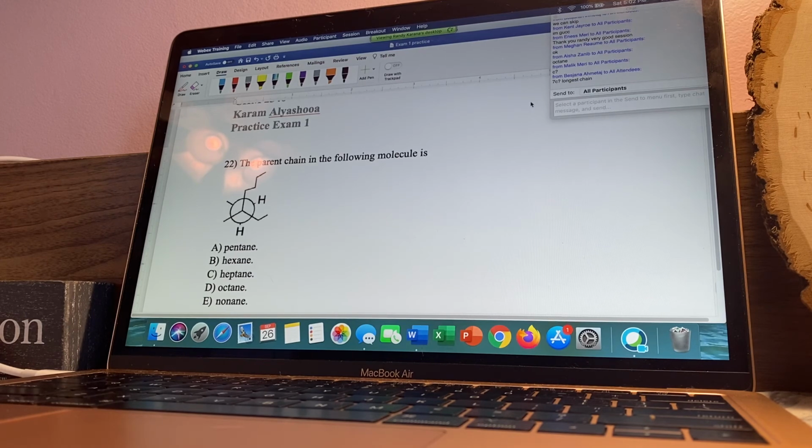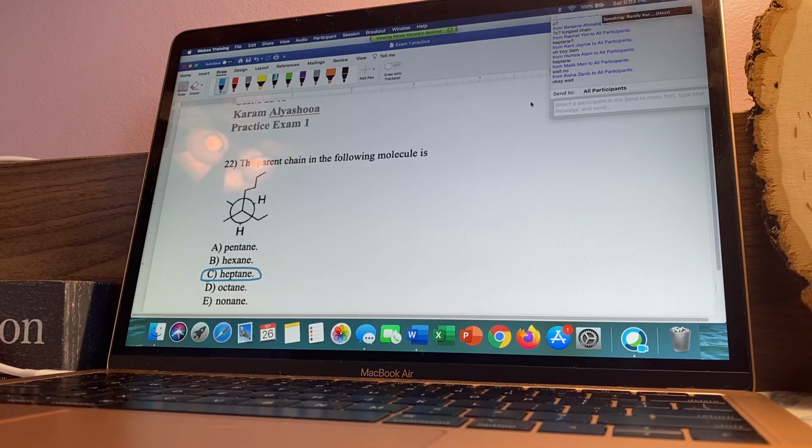So again, if this looks weird still, just try to write it out in skeletal structure. One way, it's going to be heptane.